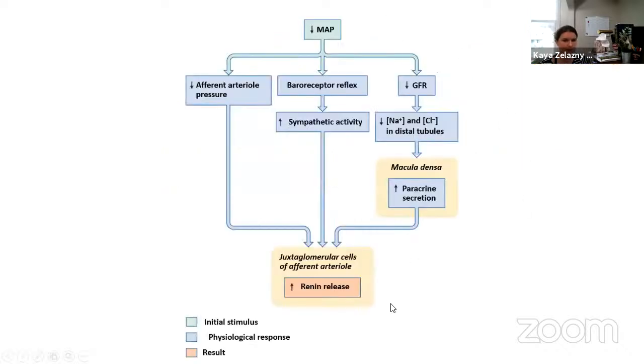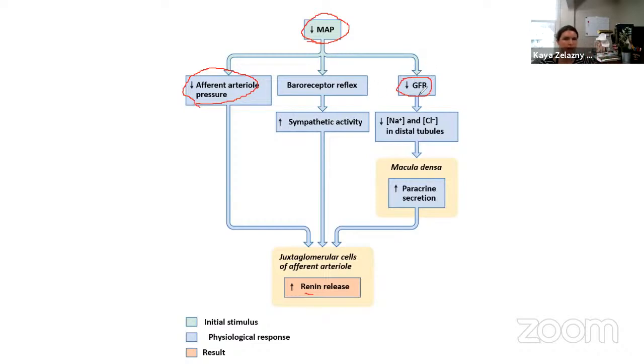Okay. And this is just showing us this flow overall, right? How that would be the case, right? So largely a drop in mean arterial pressure ultimately is going to tell us to release renin. It's doing this either because we sense the afferent arterial pressure dropping directly, or because we have a drop in the glomerular filtration rate, which is just telling us how much fluid is coming out of the plasma and into the nephron.